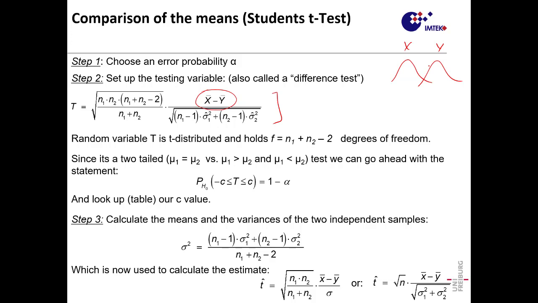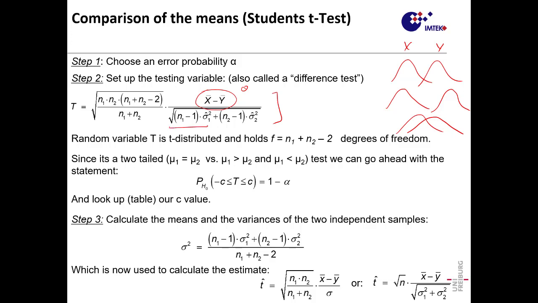If this becomes 0, they are not different. If it's larger than 0, maybe they are different. And then the other thing is, it's not the same to have two distributions that look like this as two distributions that look like this. Even if the means are different, the variability is so large that you cannot really say that they are different, because there are many points that overlap.